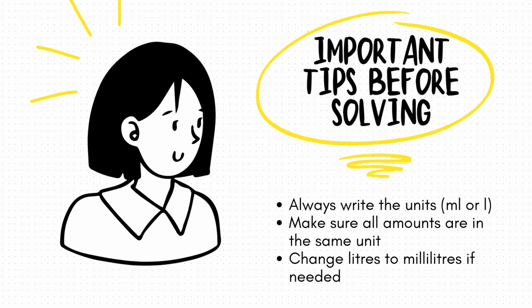We can times 1,000 to go to milliliters and divide with 1,000 to go back to liters. Always write your answer with the correct unit, milliliters or liters. So remember, you can't plus milliliters and liters together. Rather, especially for grade 4, use the same units to make sure you have the correct answer. Otherwise, you're going to make yourself confused.